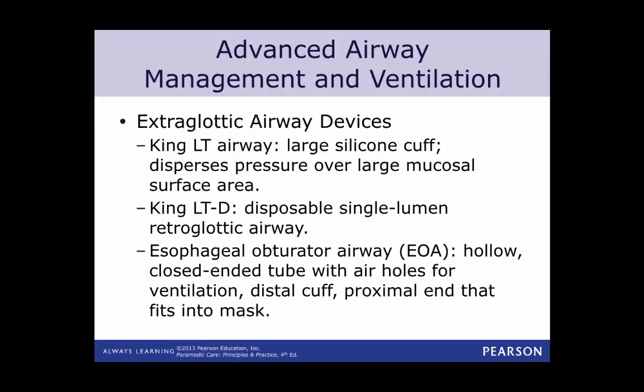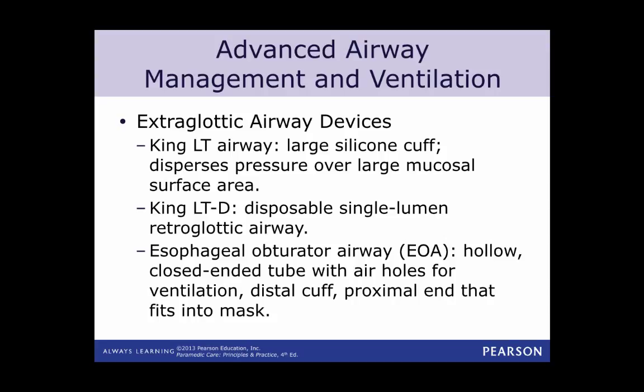Okay. So now getting to the more commonly used stuff. The King LT airway is kind of the bee's knees right now, the flavor of the month. Both the King LT and the King LTD are retroglottic. They are dual cuffed, single lumen, and while they don't isolate the esophagus, they do present with very good outcomes.